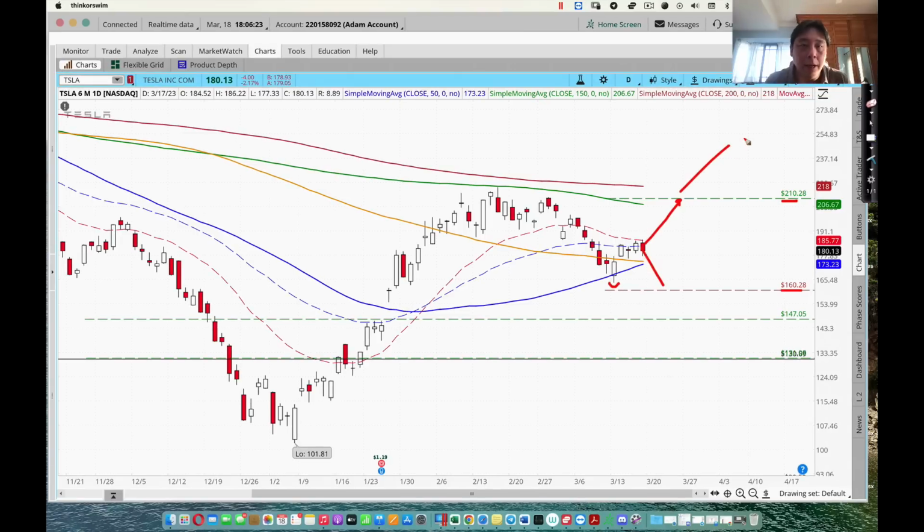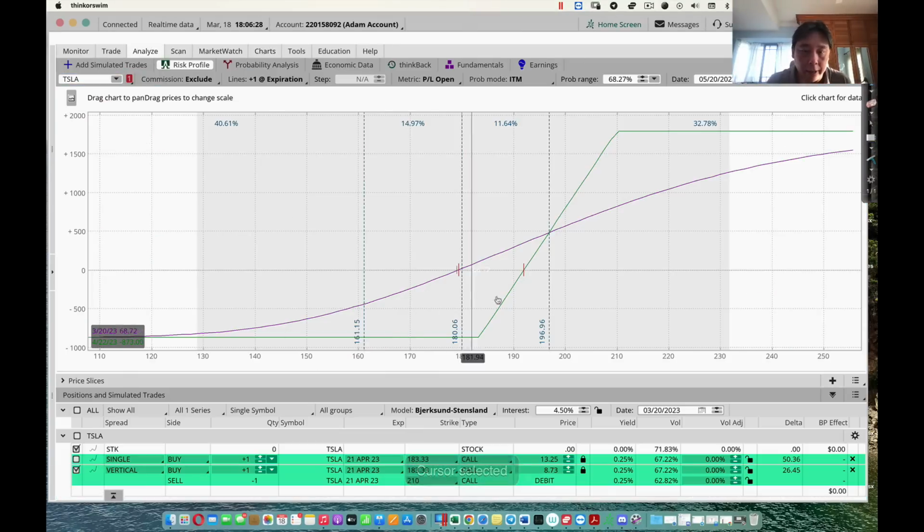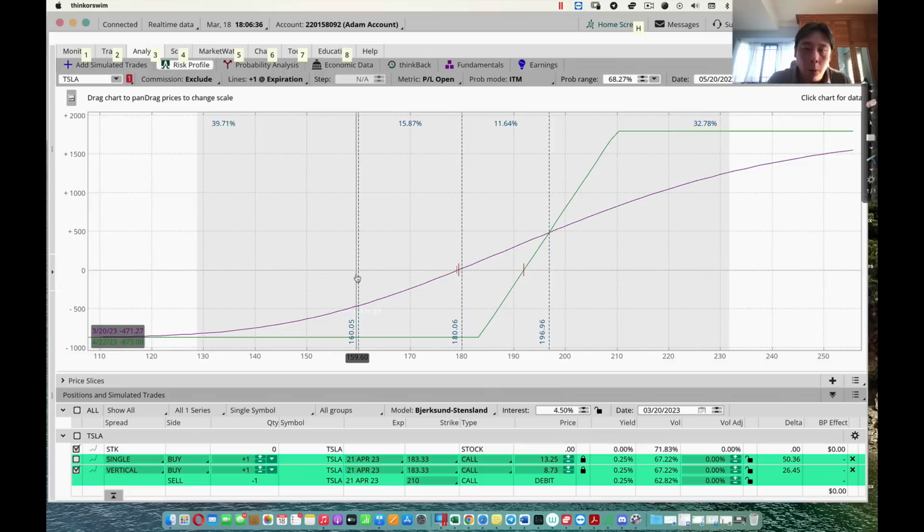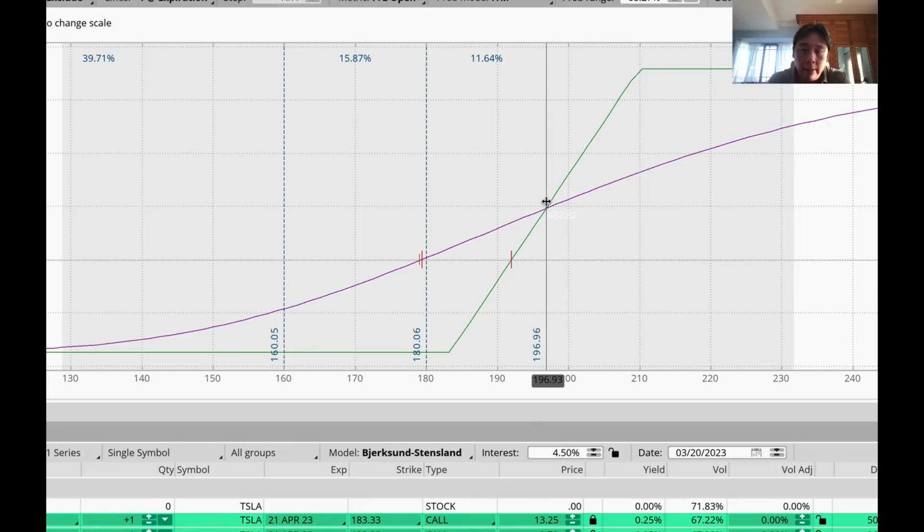So let's put these two numbers into the profit and loss chart. Okay, there we are. Let's put this to 160. Okay, 160, that's our cut loss point. If it drops to 160, we cut loss. If it goes up to 210, let's bring it to 210.